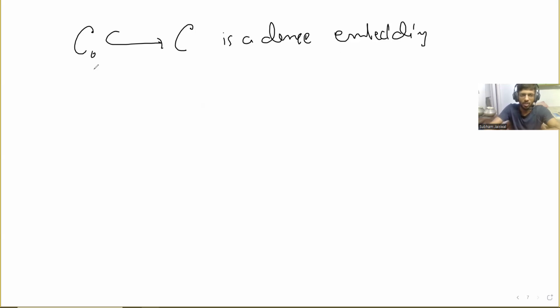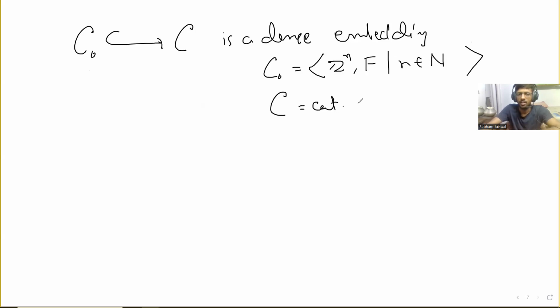C naught is basically the subcategory generated by these kinds of things, where N is this kind of thing, and C is the category of all discrete, locally compact and abelian groups. So now from that statement, we want to make a dense embedding kind of statement. How to do that?